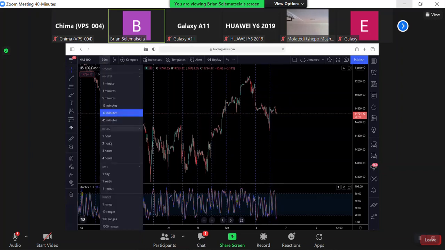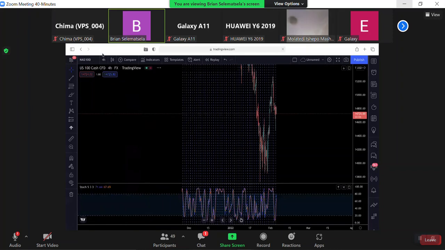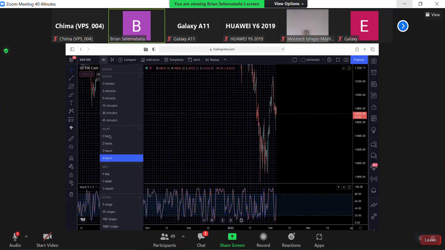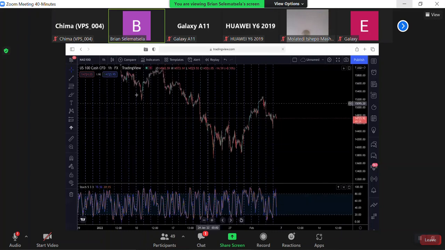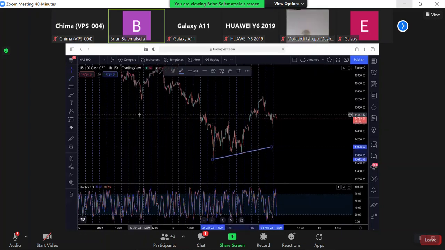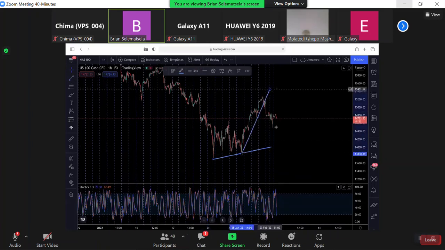Nasdaq, we could be looking at something here, on the sell. So yeah, for Nasdaq, it is time to sell. This one doesn't need a ruler, so it is very much clear.